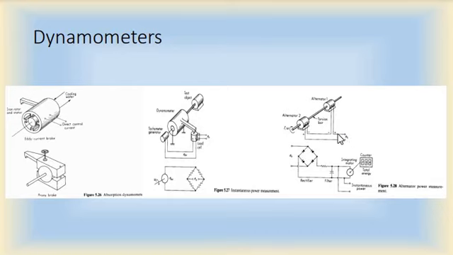As a result, the net output voltage will be proportional to the product of the torque and the speed. So in every case, whether the shaft is loaded or unloaded, the output voltage will be proportional to the product of the torque and the speed.